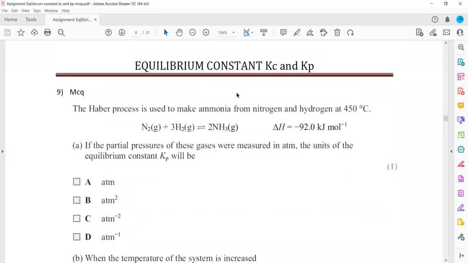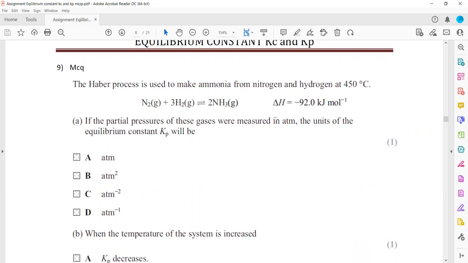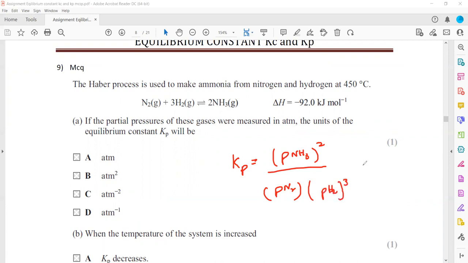In question 9, the Haber process is used to manufacture ammonia from nitrogen and hydrogen at 450. The forward reaction is exothermic. If the partial pressures of these gases are measured in atm, what will the units of the equilibrium constant Kp be? When we write Kp, that will be the pressure of ammonia squared, over the partial pressure of nitrogen and the partial pressure of hydrogen cubed.